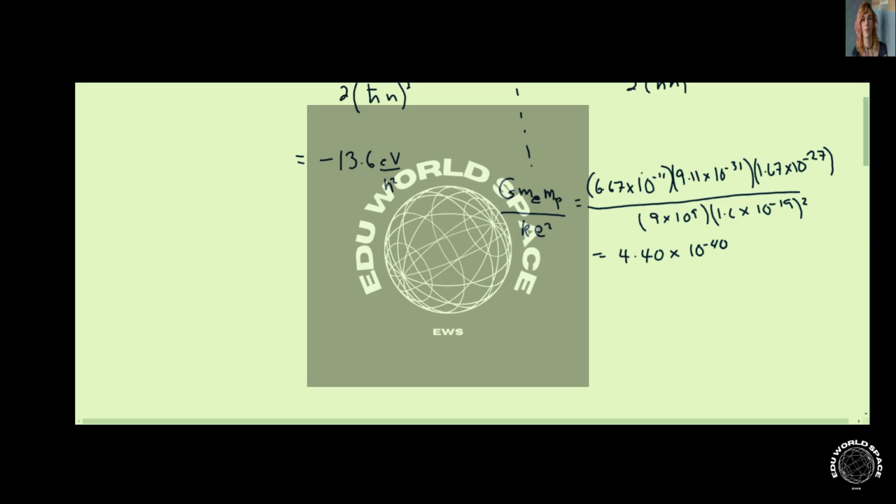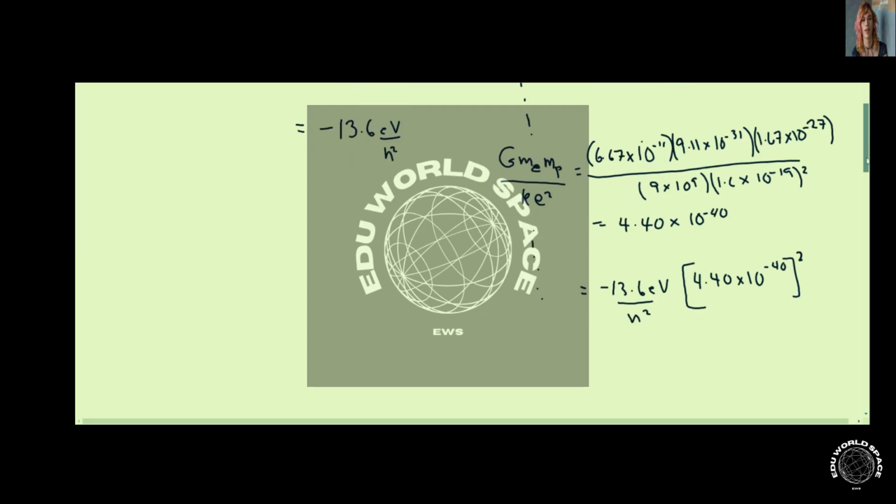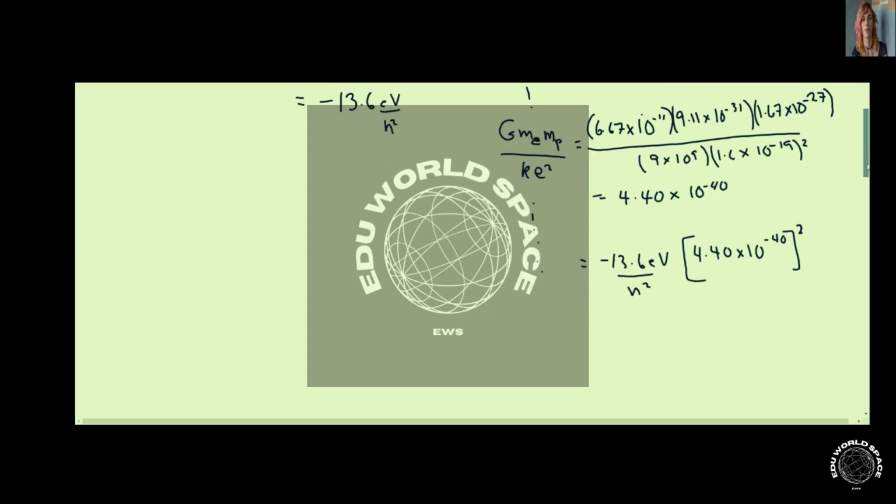So what this means is we can take the minus 13.6 electron volts over n squared and simply multiply it by that cluster of constants squared. Not surprisingly, it is a very much smaller amount.